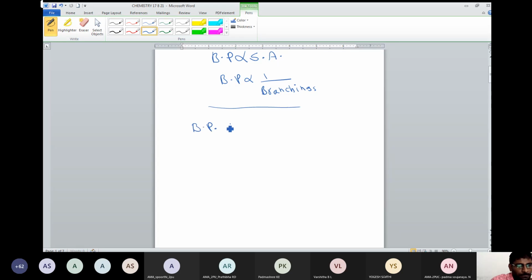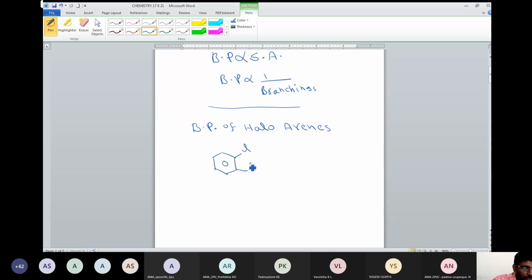Boiling point of haloarenes. Suppose we are taking dihaloarenes. Observe this, this is the benzene.